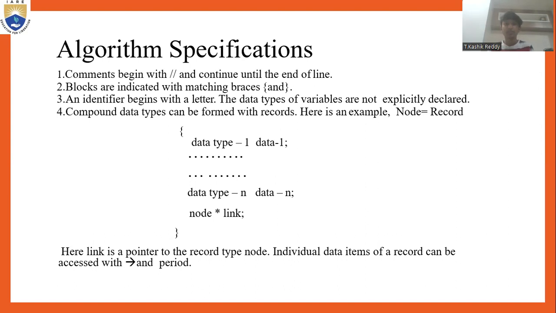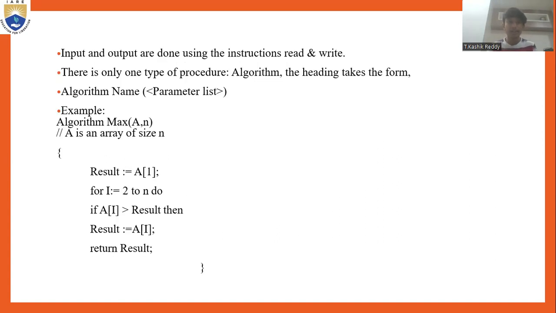Compound data types can be formed with records. Here is an example: node = record { data type 1, data 1, and so on, data type n, data n }, as many data types as you can include. Next, node *link. Here link is a pointer to the record type node. Individual data items of a record can be accessed with the arrow and period.